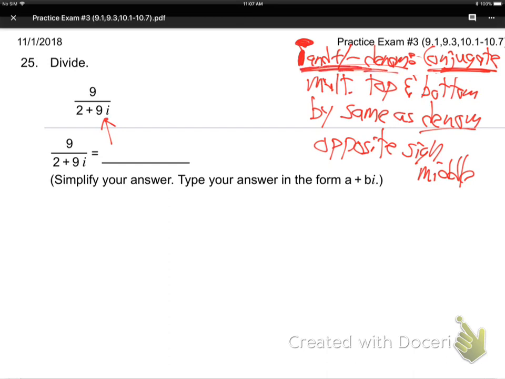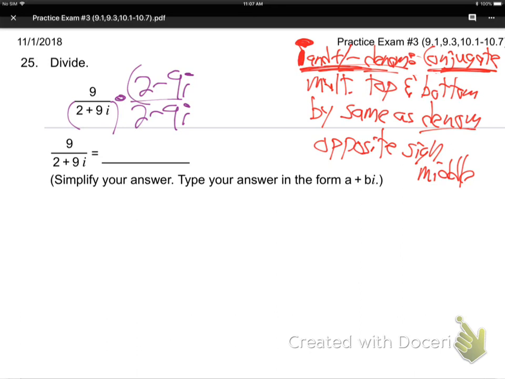So here we have, notice we have an i and a plus or minus. So we go, okay, conjugates, just like a square root. You have to multiply top and bottom by exactly the denominator, but opposite sign in the middle.